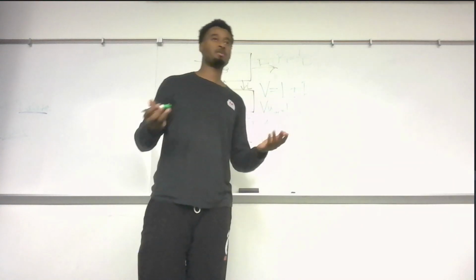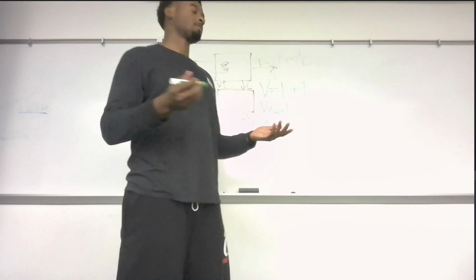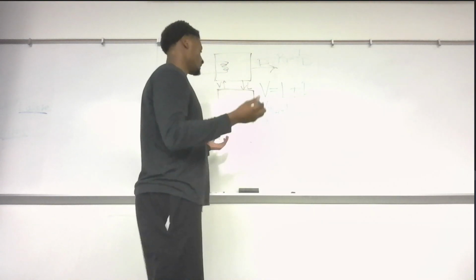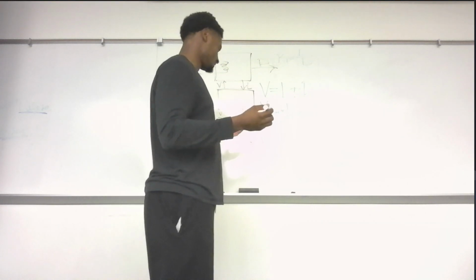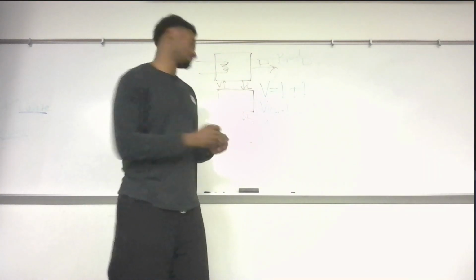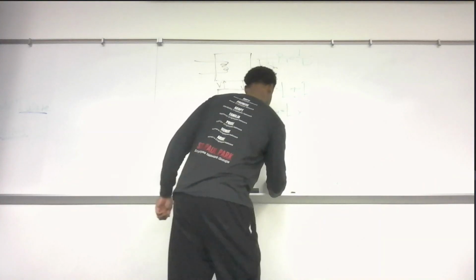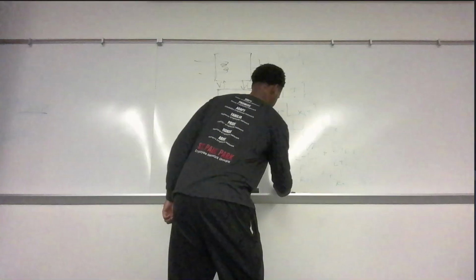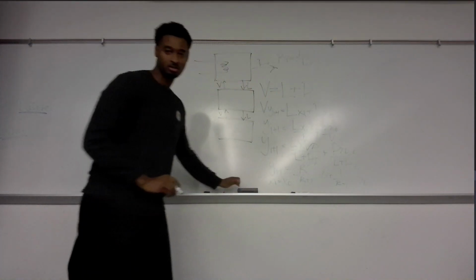And the best assumption that we can make at this point is to say that our xi here is equal to our distillate. So at the bottom here, we say xi is equal to xd.